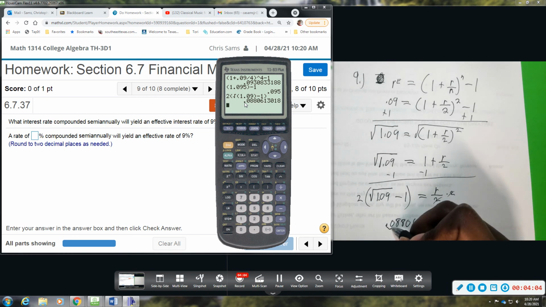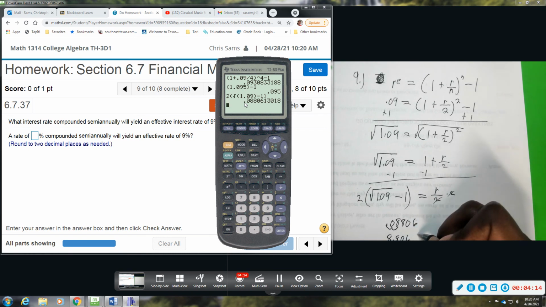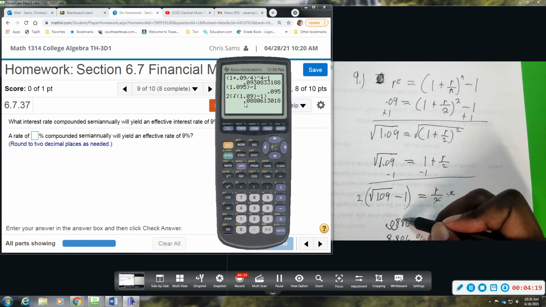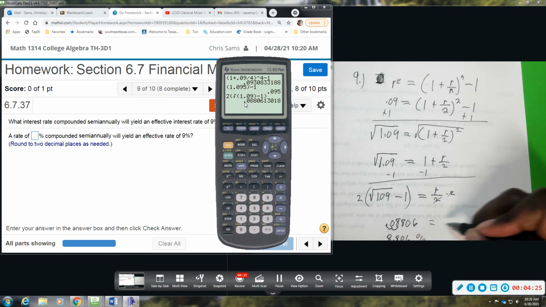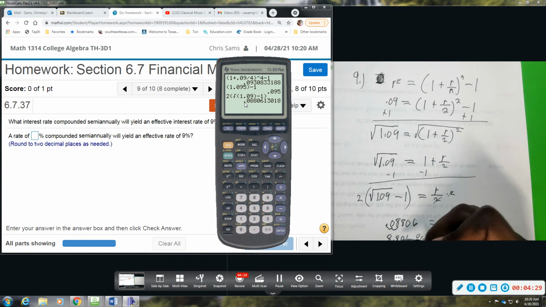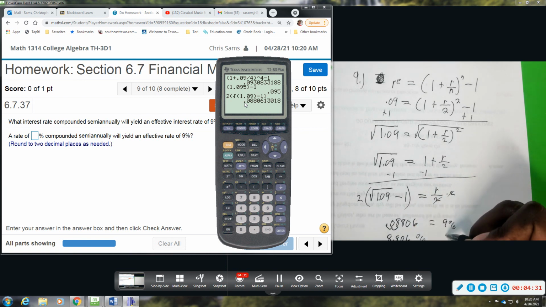If I convert this to percent, that would be 8.806%. If I round it here, this will go up to 9, and I'll be looking at 9%, or I convert it to percent first and then round it, and this would be 8.81%.